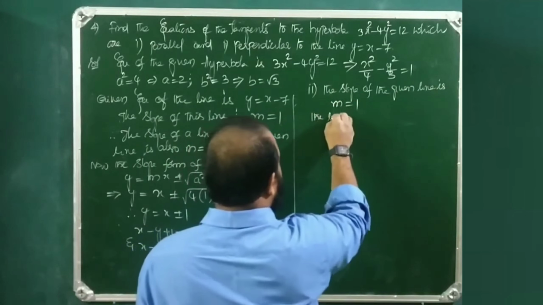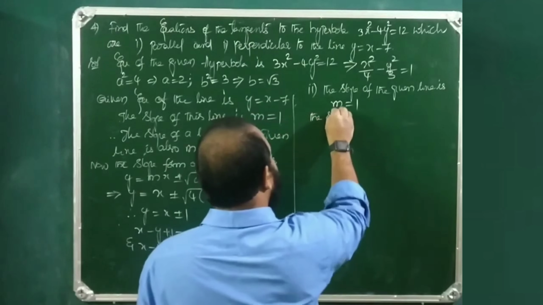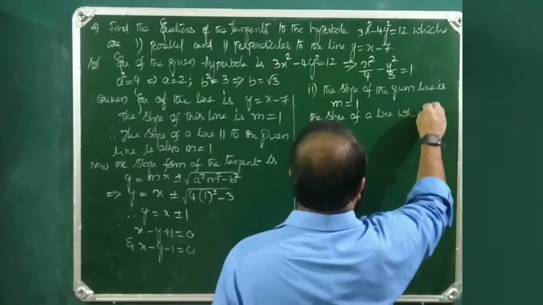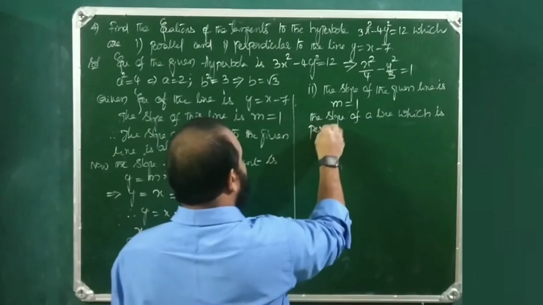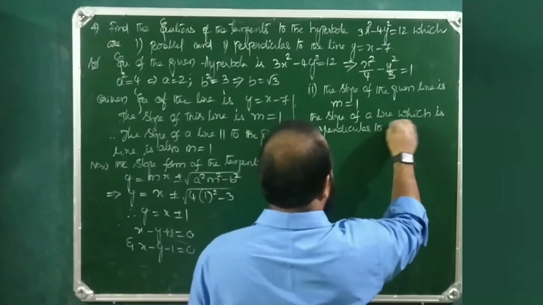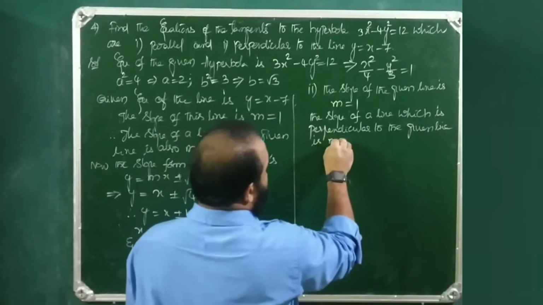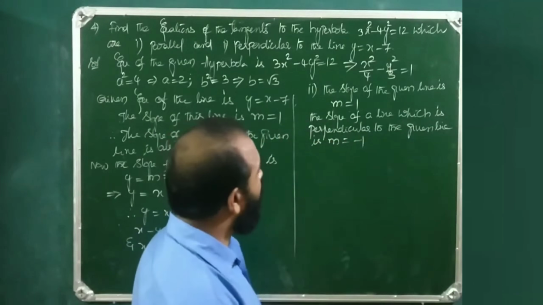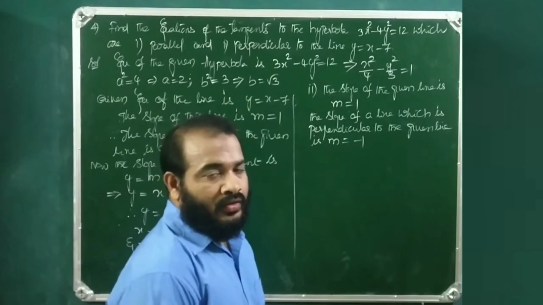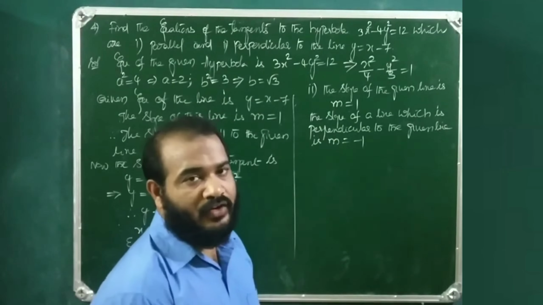So the slope of a line which is perpendicular to the given line is m equals minus 1, because 1 into minus 1 equals minus 1. So the product of the slopes is equal to minus 1, then those two lines are perpendicular to each other.